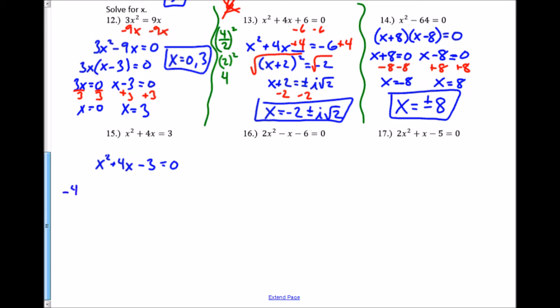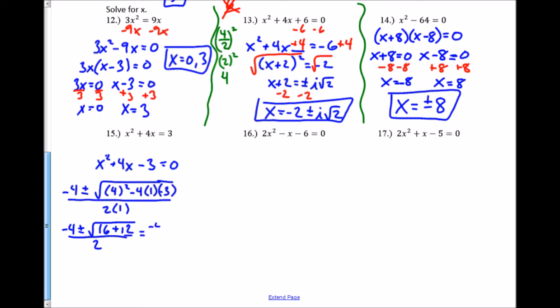So I do the opposite of b plus or minus the square root of b squared minus 4 times a, which is 1, times c, which is a -3, all over 2 times a, which is the 1. And now I continue to simplify. -4 plus or minus the square root of 16 plus 12 all over 2.